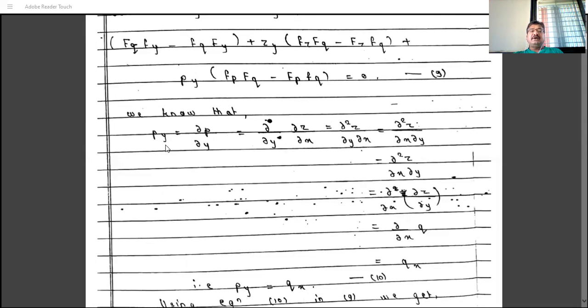So we know that py, or p suffix y, means ∂p/∂y, and p means ∂z/∂x. So it is ∂²z/∂y∂x.